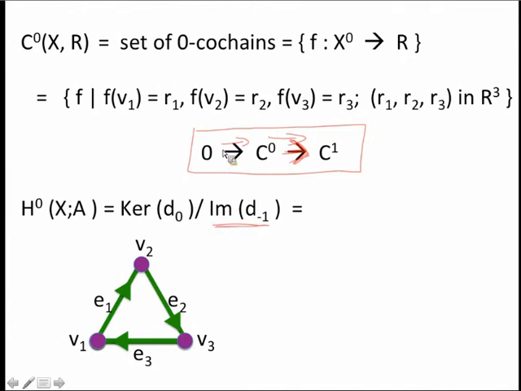Well, in this case, our image is pretty easy. What's the image of 0? It's just 0, so we're not modding out by anything, so we're just going to have the kernel of D naught right here. Any questions up to here?